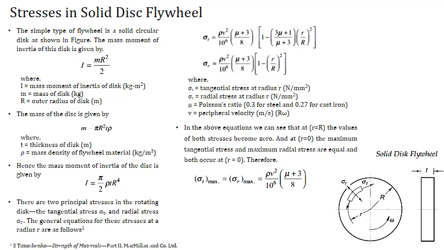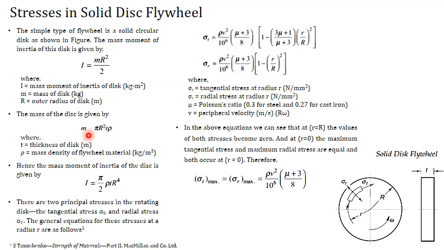Now in this case, if r is the radius, t is the thickness, and rho is the density of the material, then the mass of the disc can be computed as pi r square into t, which is nothing but the volume of the disc, into the density of the material.